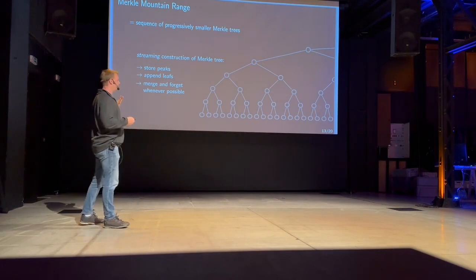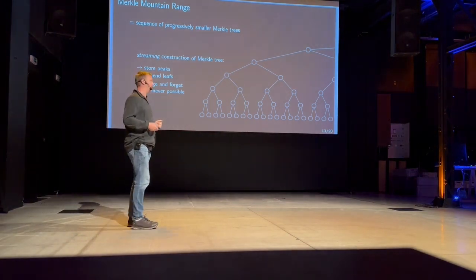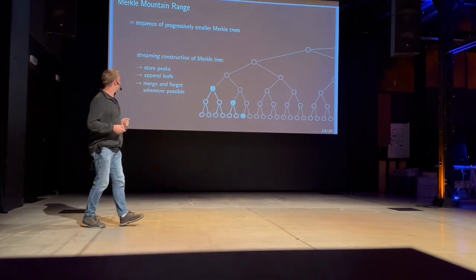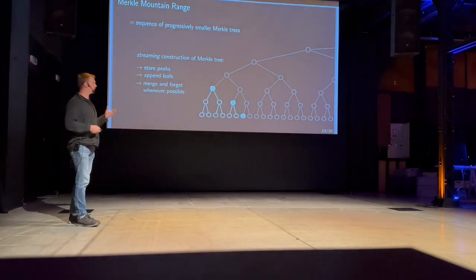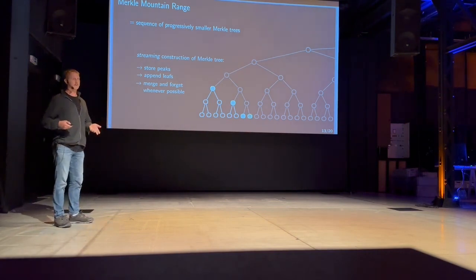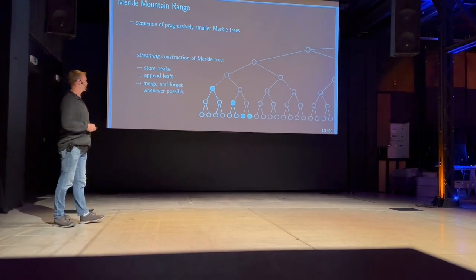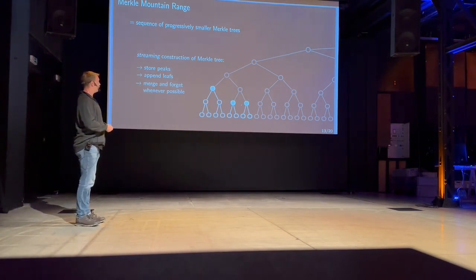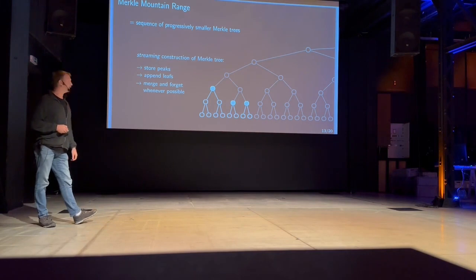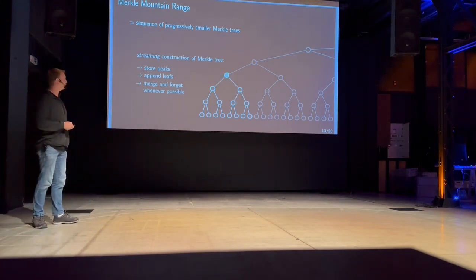So that way our memory cost is only logarithmic in the number of leaves that we've covered. And so if we follow this procedure, at some point we arrive in this state, and then a new leaf is appended, and lo and behold, we have two trees of the same height, so we merge them. Again we have two trees of the same height, and so we merge them, and again.